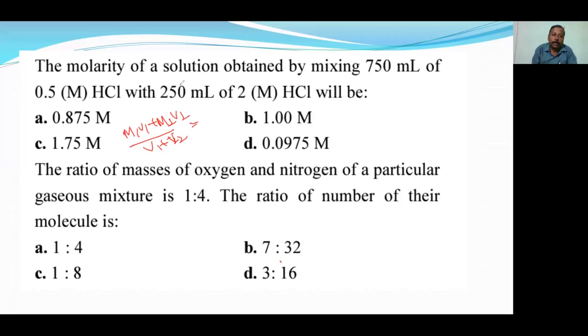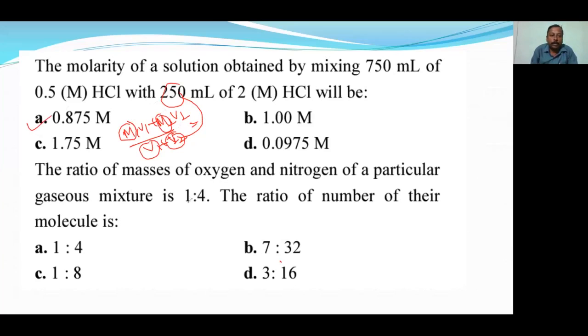Here 750 will be V1 and 250 will be V2. 750 will be what? V1. So 750 is V1, 250 is V2, M1 will be 0.5 and M2 will be 2.